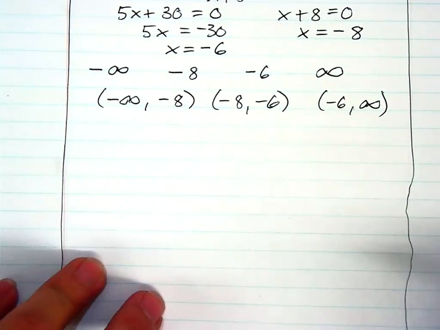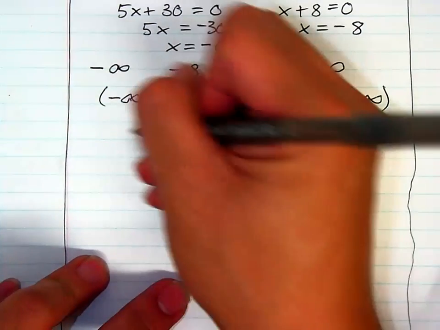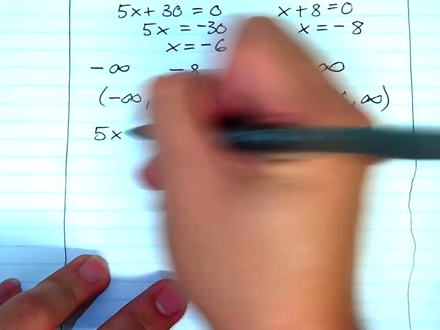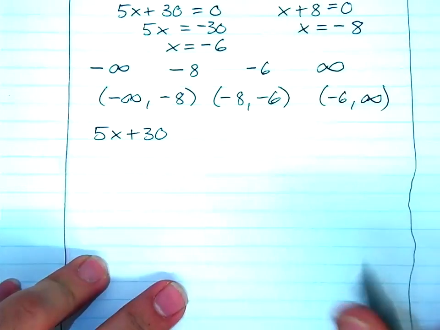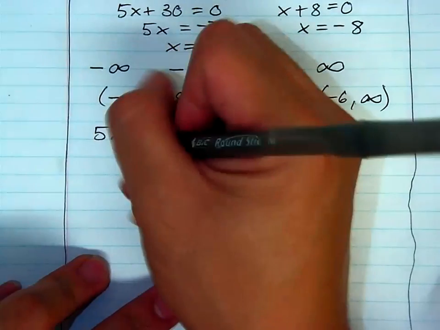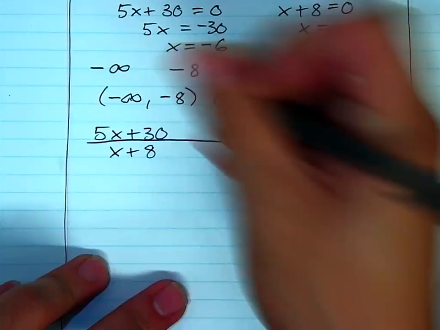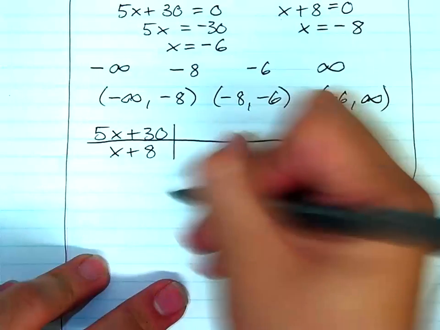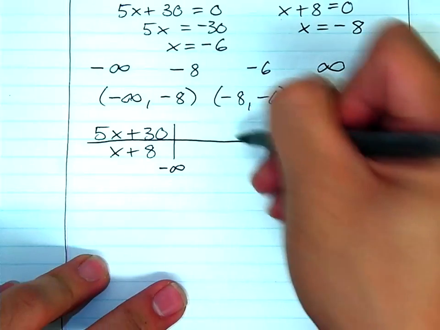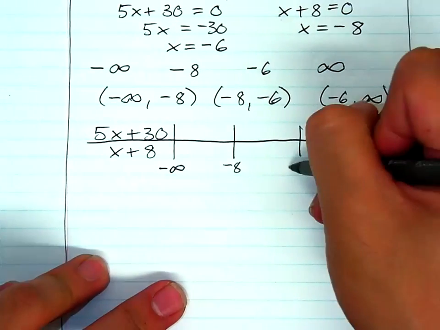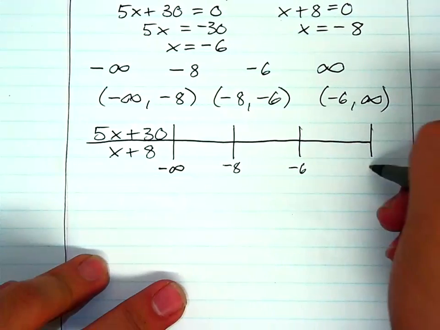So let's go ahead, set up the chart that I had. I'm going to put my numerator on top, so 5x plus 30, x plus 8 on the bottom. Set up the chart like so. Here we'll start at negative infinity, negative 8, negative 6, infinity.